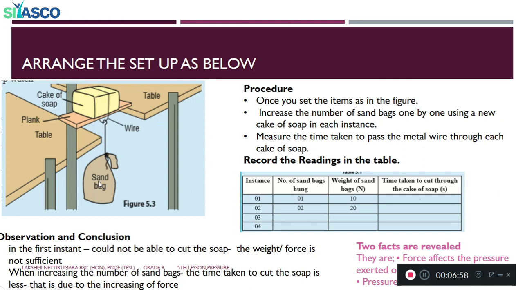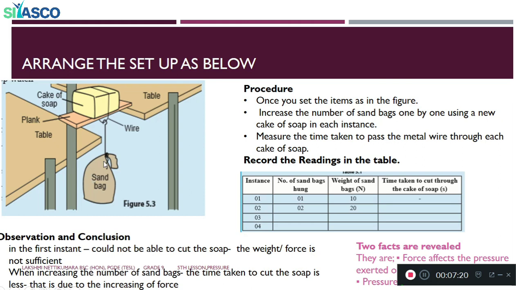What will you observe here? Sometimes in the first instance, with one sandbag you could not cut the soap. The reason is that the weight, or the force, is not sufficient to cut the soap.